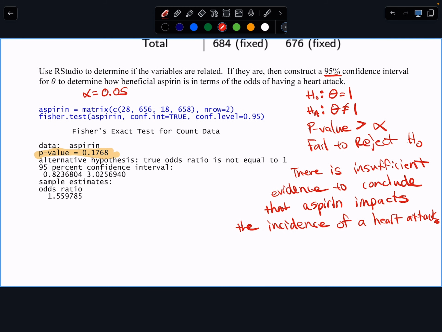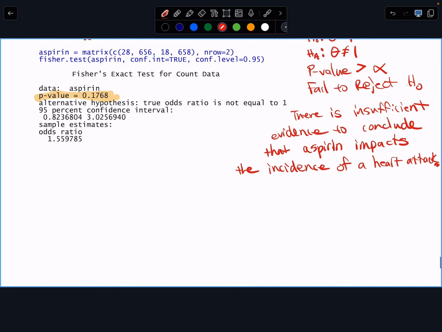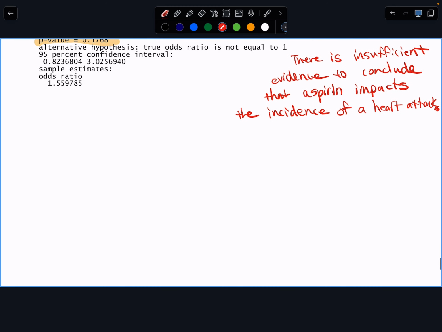So now that we have all of this stuff here, right? When we want to know whether two categorical variables are related, or we want to do a comparison of studies with two categorical variables, we can use the chi-square test of independence.